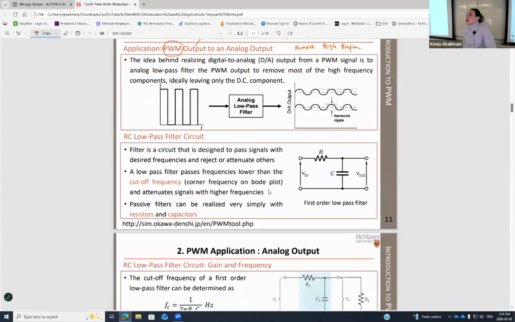Using that filter, which is just a simple circuit, everybody, as an engineer, could just pick what resistor and what capacitor, I mean the size of the resistor and capacitor, can filter out the frequency for you in a way that you have less noise. Less noise means more accuracy. Make sense? Less noise means more accuracy.